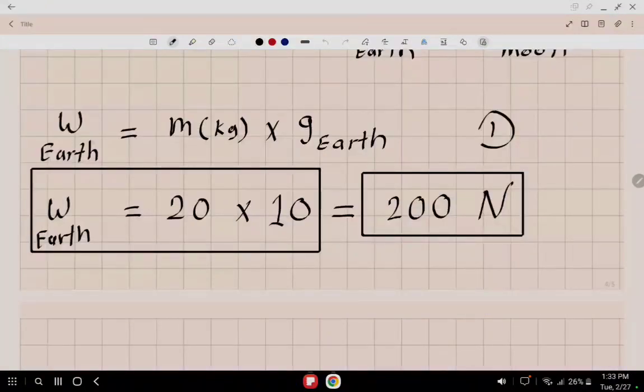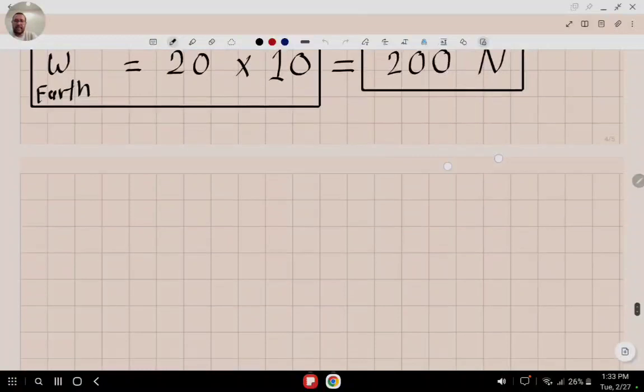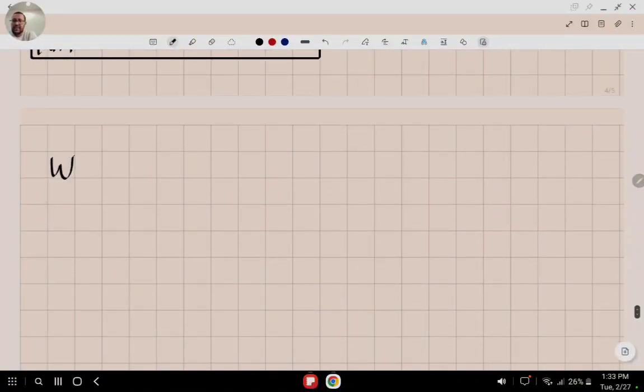The measuring unit is something very important. The second part is how to calculate the weight on the moon. After calculating the weight on the earth, we have to use this rule. Weight on moon equals weight on earth divided by 6.